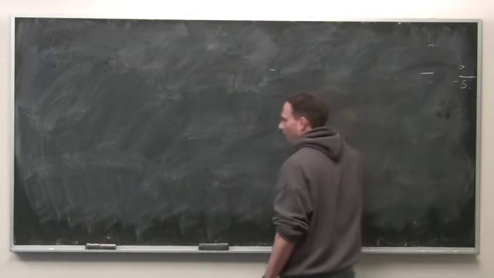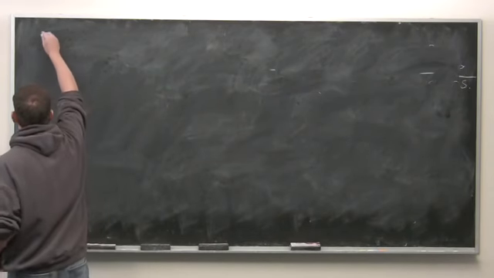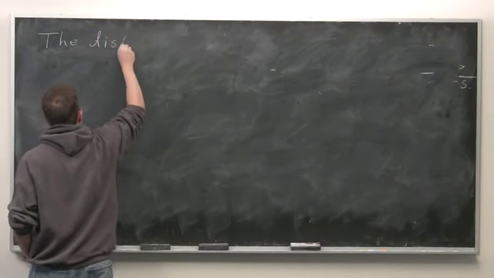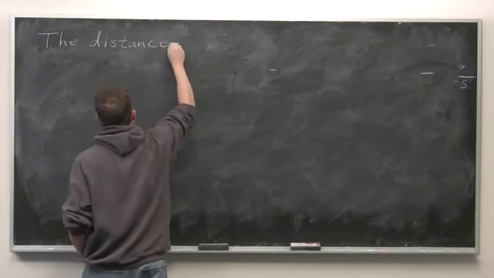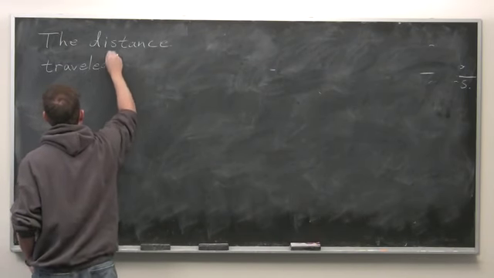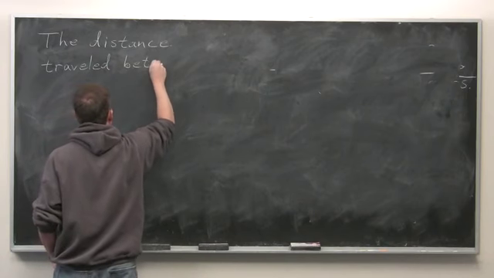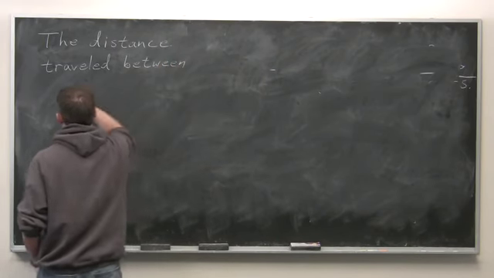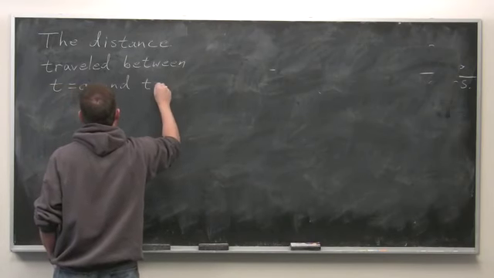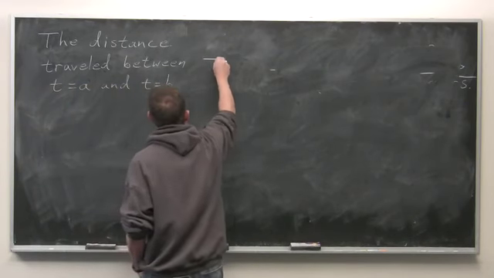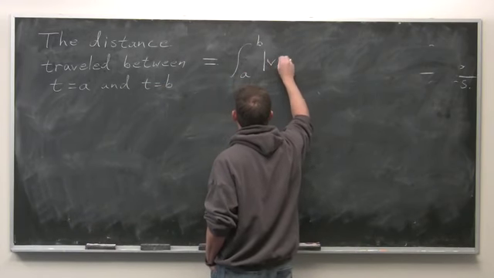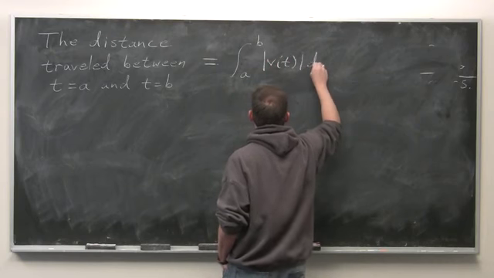To get the distance traveled, this equals the integral from a to b of the absolute value of v of t dt.